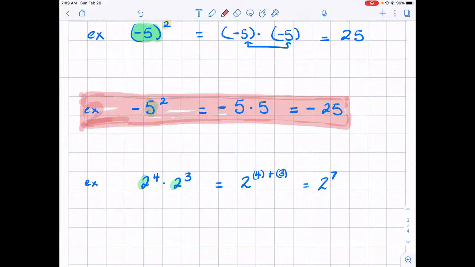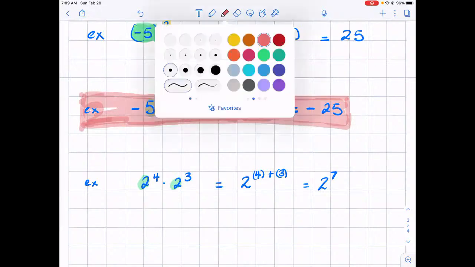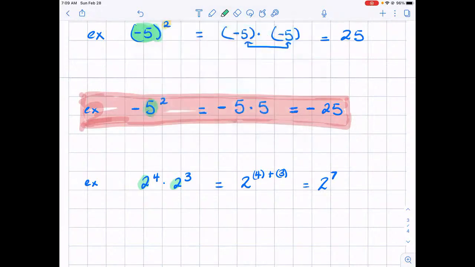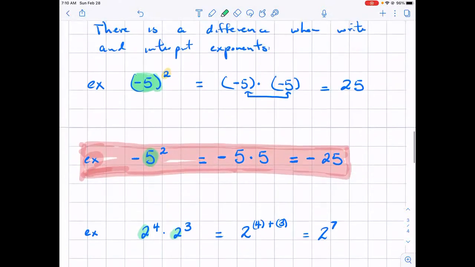We have to be very careful. When the base is negative and we square it or we raise it to an even power, then the answer will always be positive. But the base here, as I pointed out, is 5, not negative 5. If the negative was part of the base, we had to rewrite it like the first example.